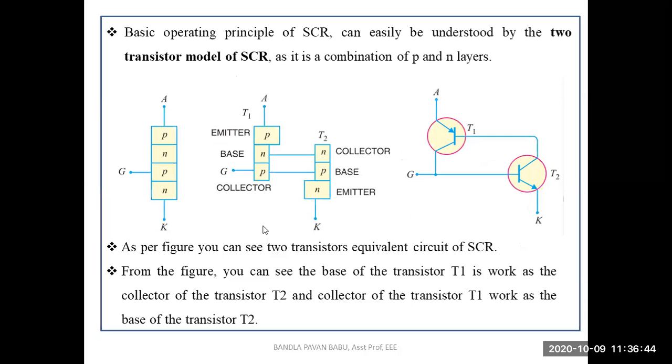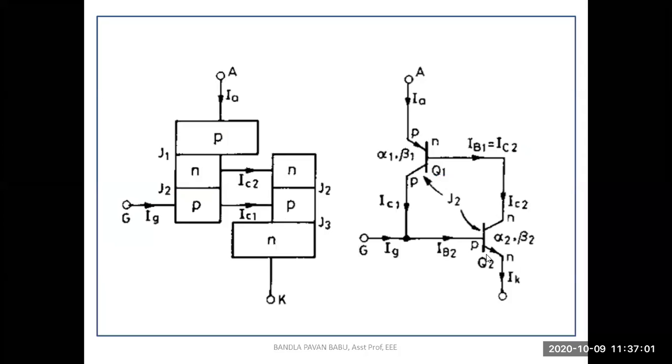Before that, you can just think about it here. This is the anode terminal, gate and cathode. The current has to start from the anode and reach the cathode. If we consider it as a transistor here, the ground part is IK, that is the emitter part. This is a combination of IG plus IA, because for triggering we are applying the gate current.